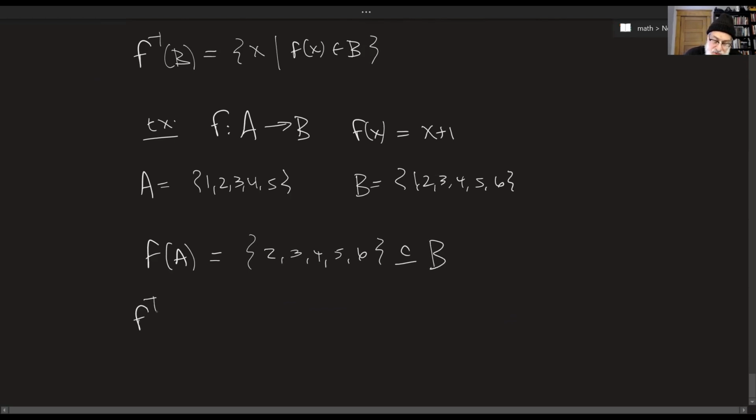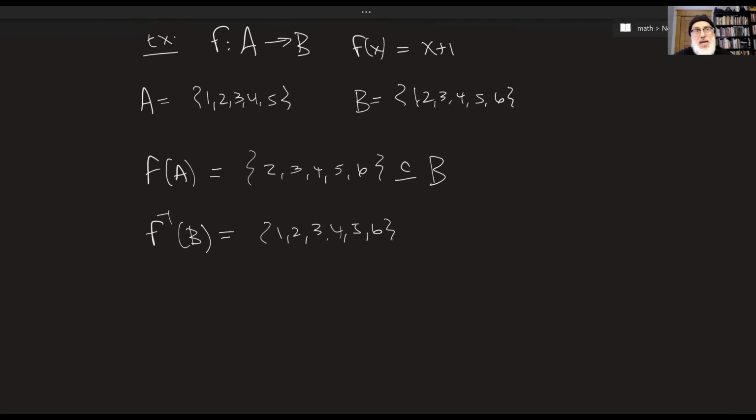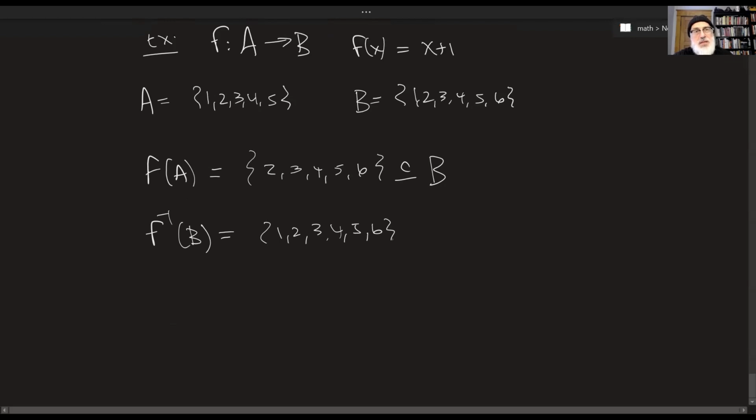So what's the preimage under the function? Well, that's going to be 1, 2, 3, 4, 5, and 6. So what you do is you look at all of the elements in B and see if they have a mapping back to A. And then we collect all of the elements in B for which this is true.